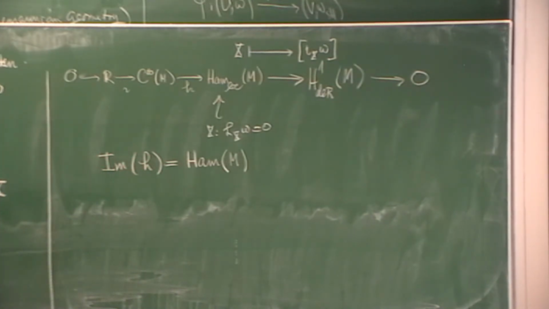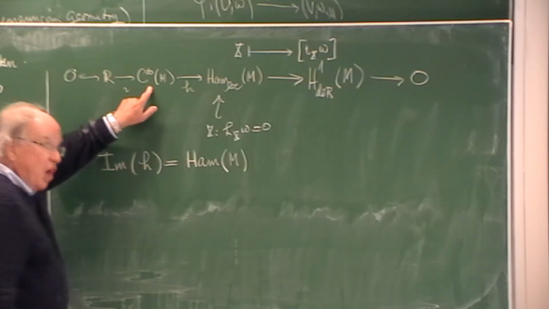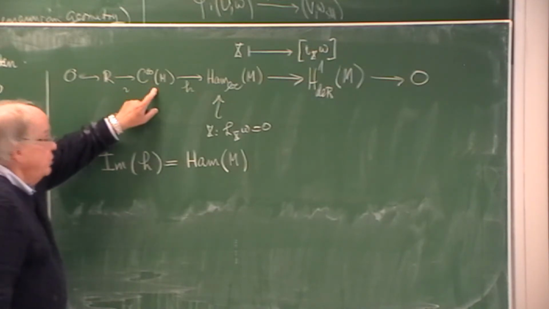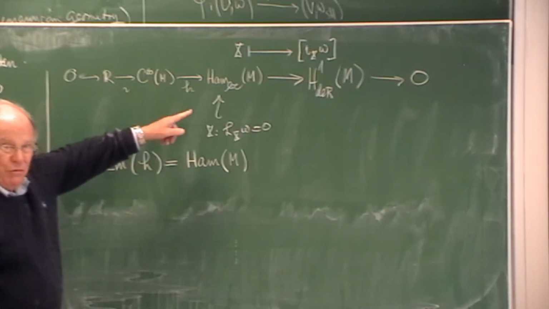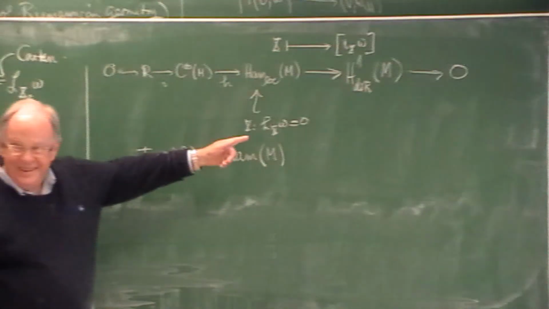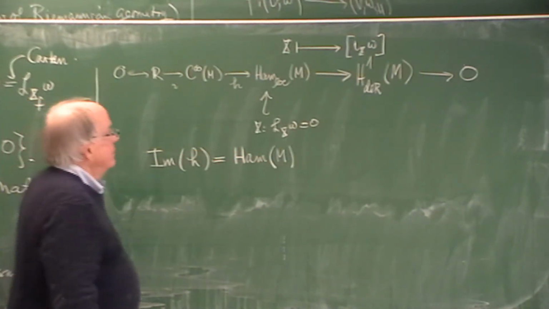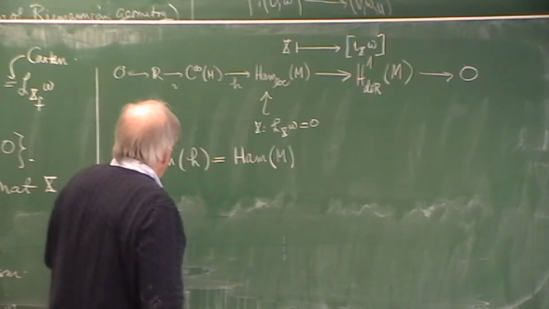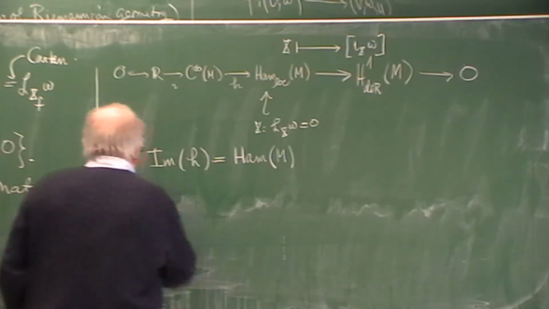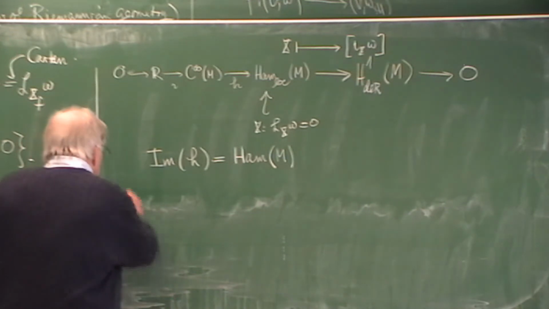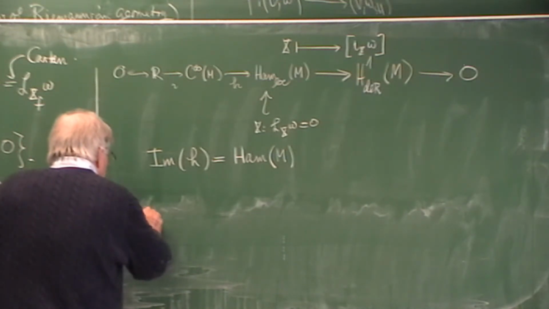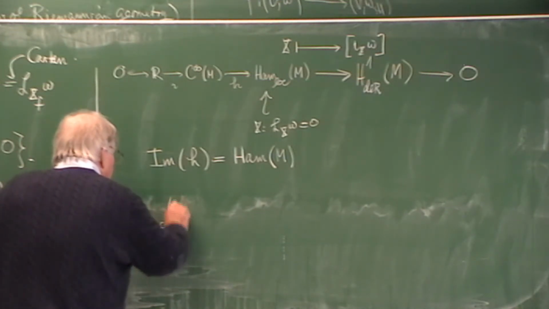Although the physicists would never write this, this is precisely what's going on. This is trivial. This is a non-trivial idea: to take a function, take d of it, contract it with a form, and see what you get. That's very interesting. Let me just write what these things are. Ham-loc.